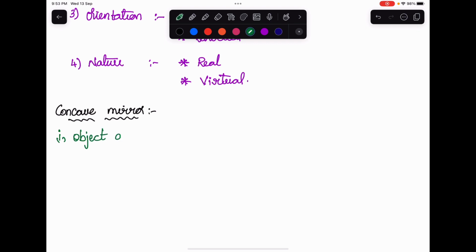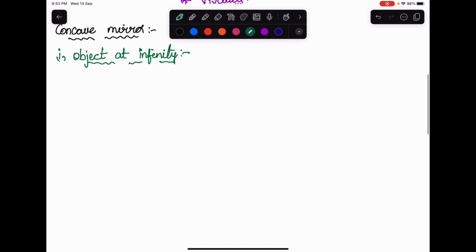Infinity means just a far distant object. Even the sun can be considered as an object at infinity. Just a knowledge-based point.